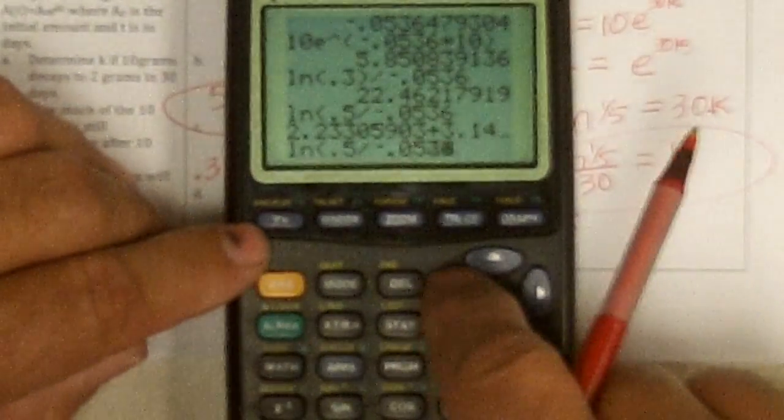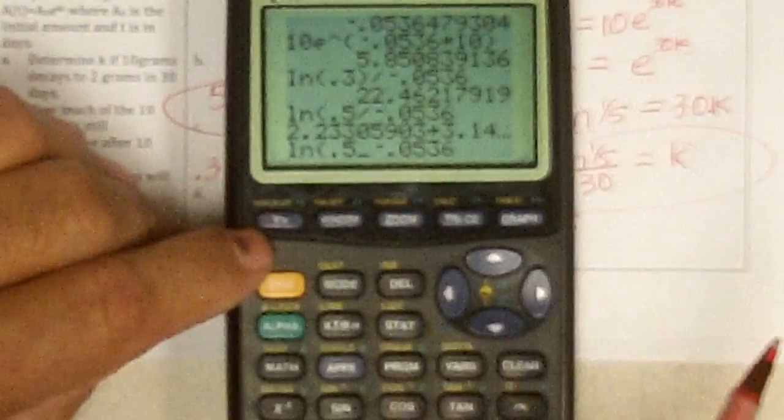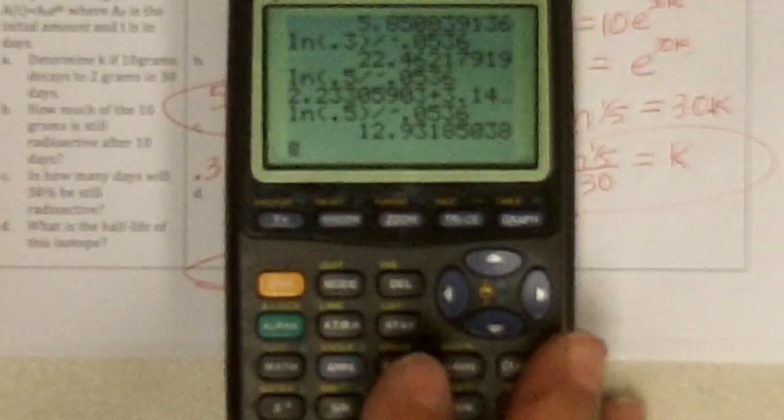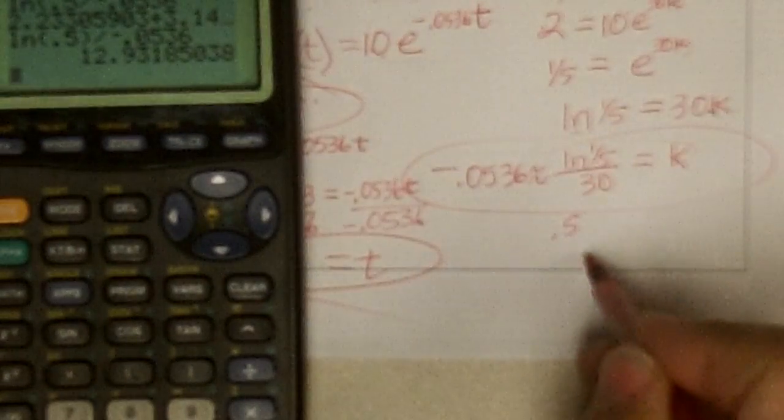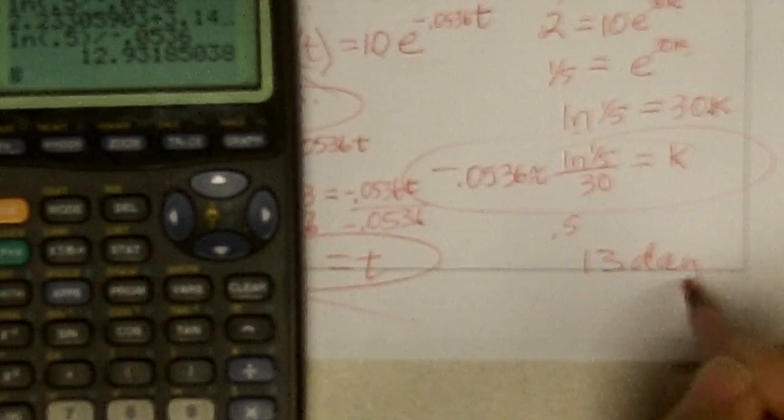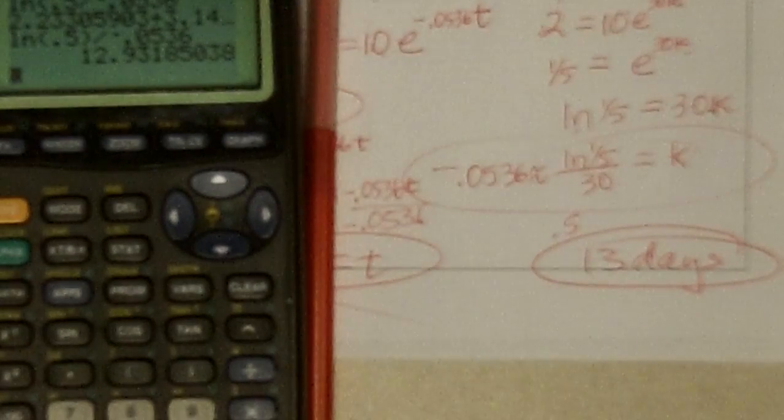Second enter, go back here and insert the parenthesis, and I get 12.9, 13 days. All right, that's it.